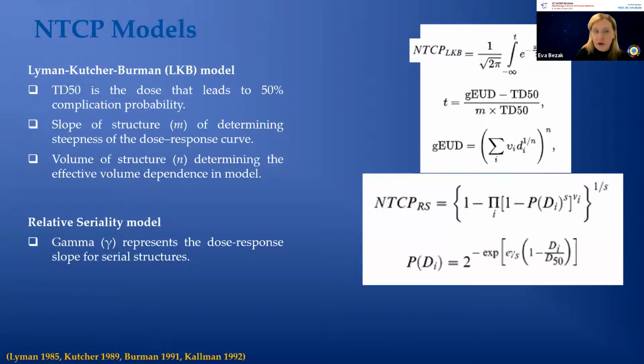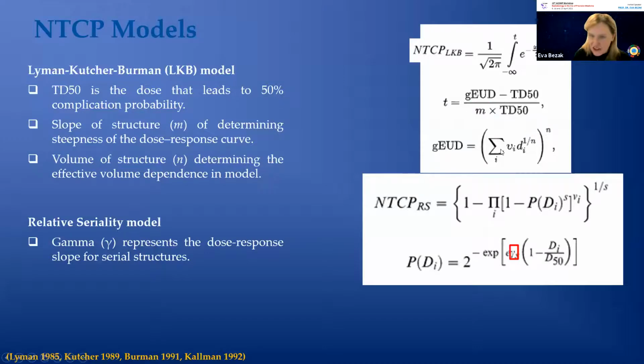In the Lyman or Lyman-Kutcher-Burman model, TD50 is the dose that leads to the 50% complication probability. The slope of the structure, m, determines the steepness of the dose volume curve, and the parameter n is the volume of the structure determining the effective volume dependence in the model.